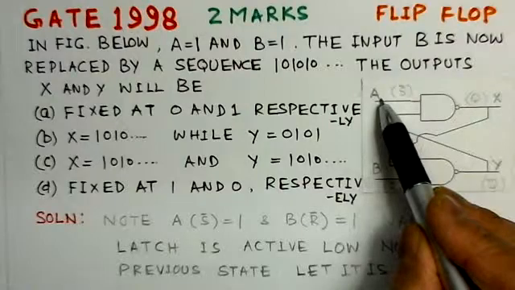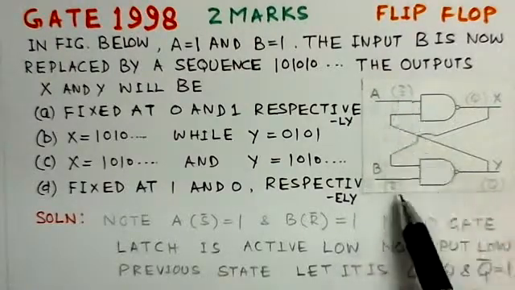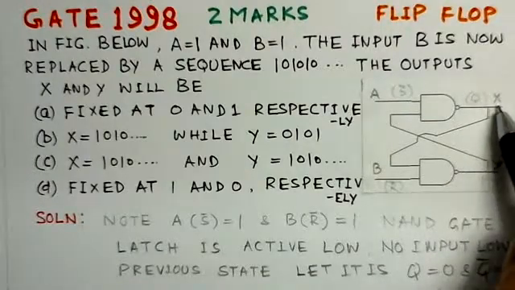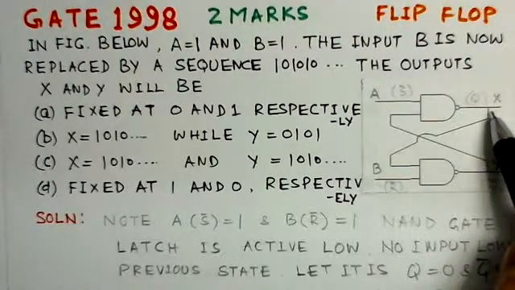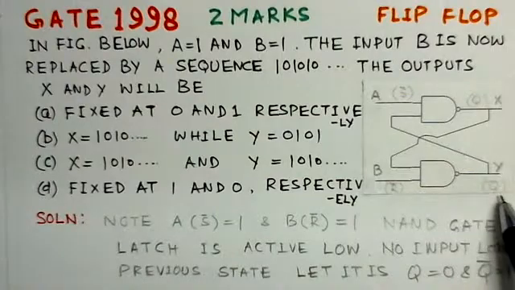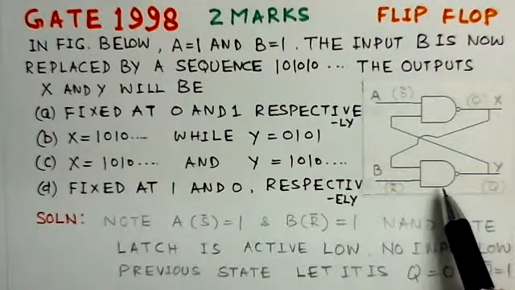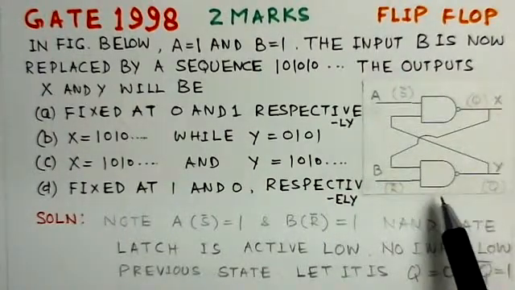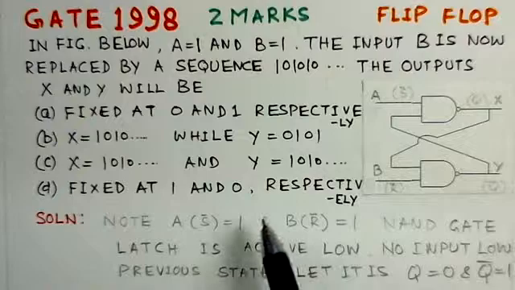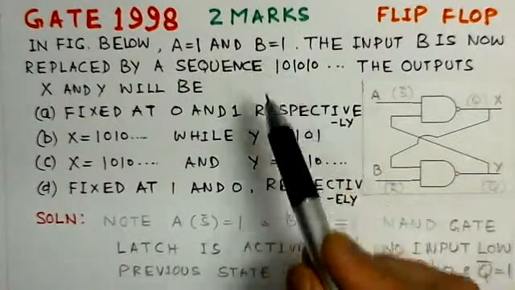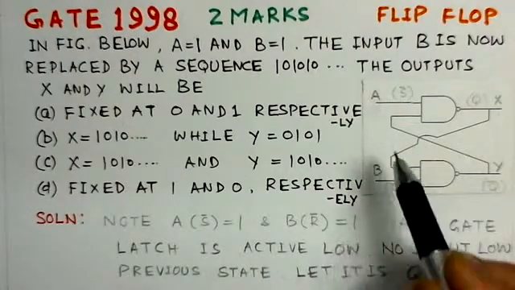So this A terminal is basically the S bar terminal, this is the R bar terminal, X is the Q terminal, and this is Q bar. These are the standard terminals of a NAND latch. Now we'll see when A is 1 and B is 1, what happens.